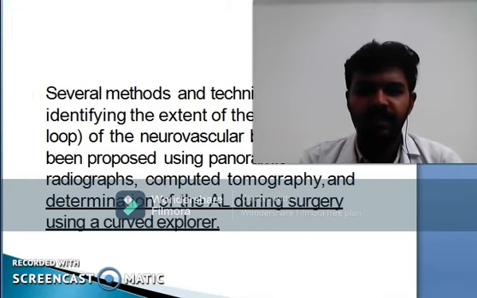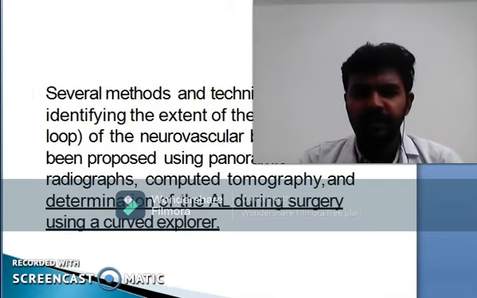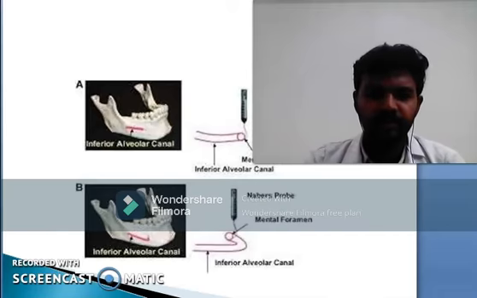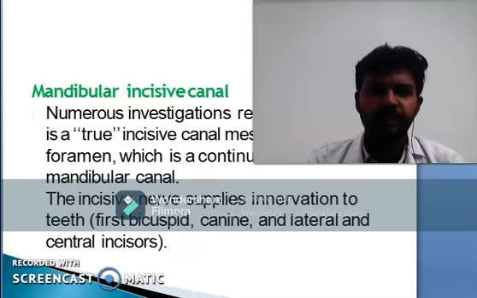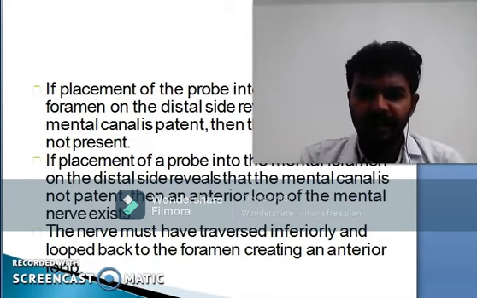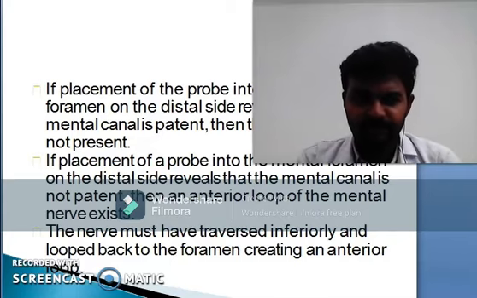Several methods and techniques of identifying the extent of the anterior loop of the neurovascular bundle have been proposed, using panoramic radiographs, computed tomography, and determination of the anterior loop during surgery using a curved explorer. If placement of the probe into the mental foramen on the distal side reveals the mental canal is patent, the anterior loop is not present.